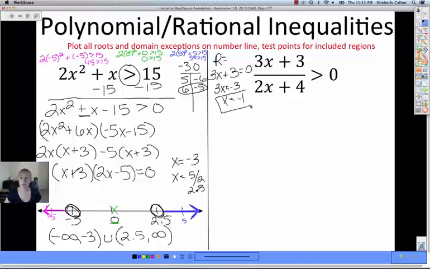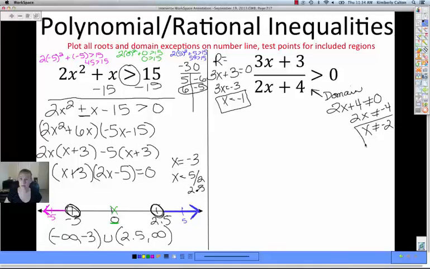So now I have one number that should go on my number line. Now I also have this 2x plus 4 on the denominator, and this is going to be my domain. Remember, I can't have the denominator equal 0. So I know that 2x plus 4 cannot equal 0. So therefore 2x cannot equal negative 4, and x cannot equal negative 2.